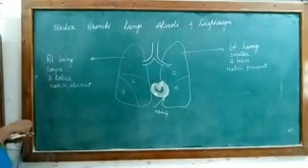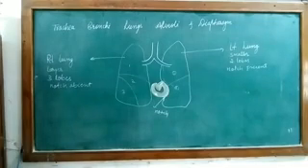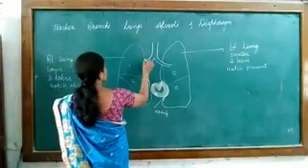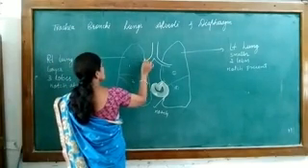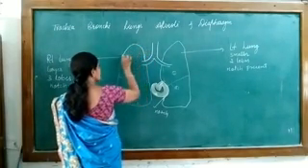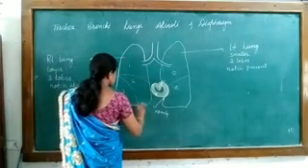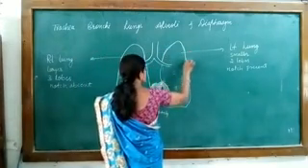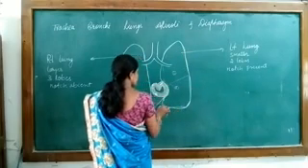Our lungs are surrounded by a membrane. That membrane is called the pleural membrane. Suppose these are our lungs, and those lungs are surrounded by two membranes.